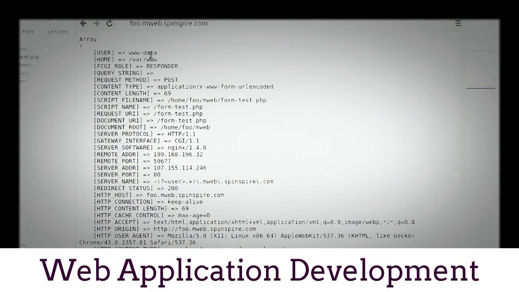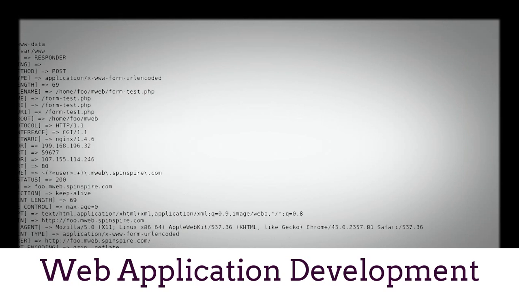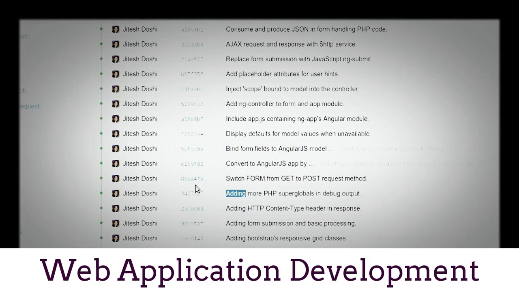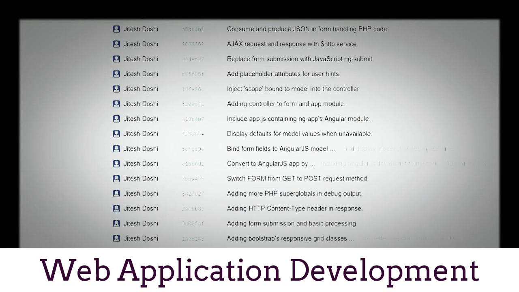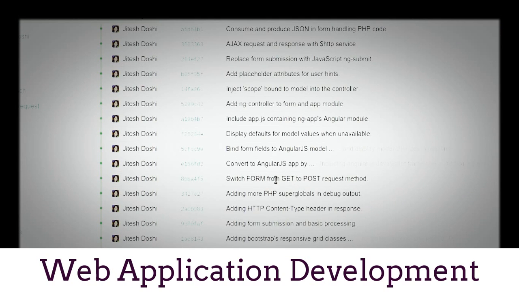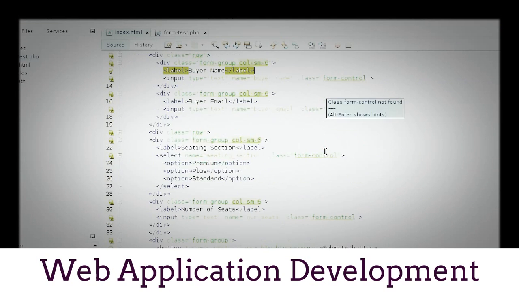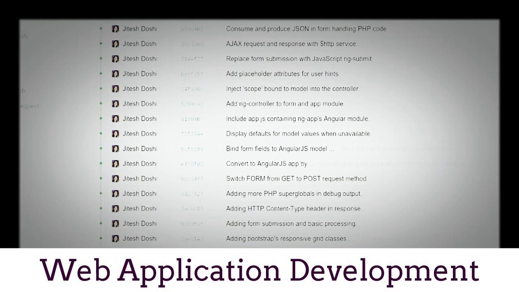Let's see what else we can do with this. So here in the next step, we basically converted to method equal to post, which we already did, and so let's do a recap.